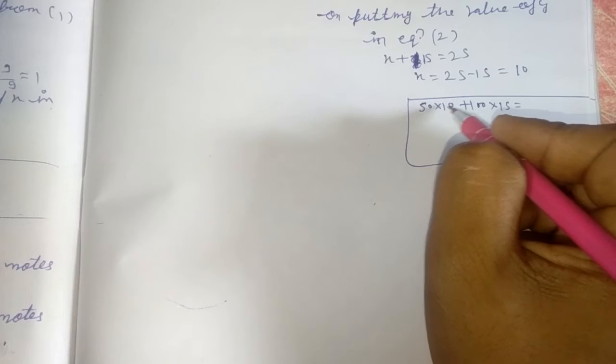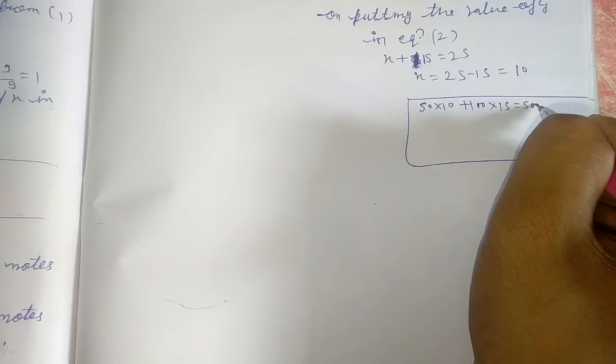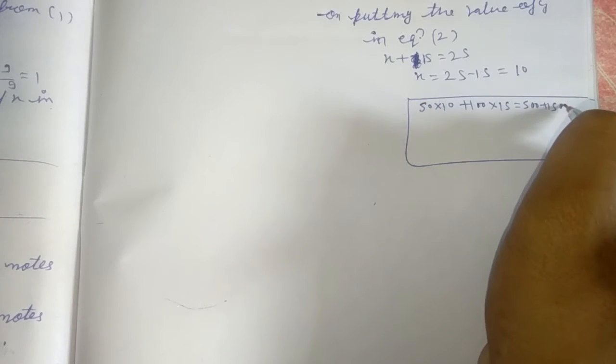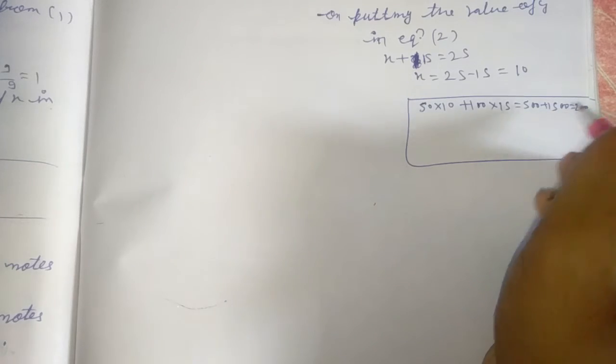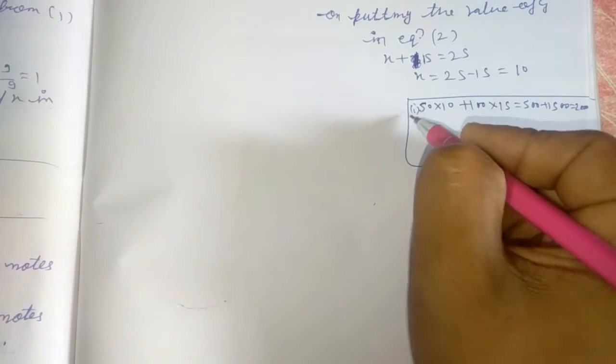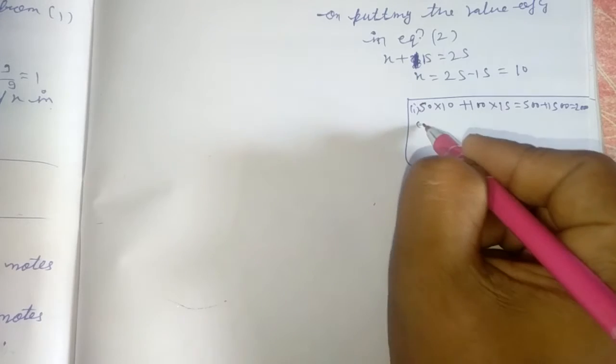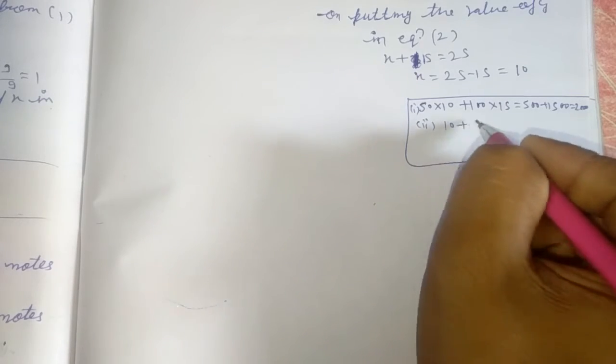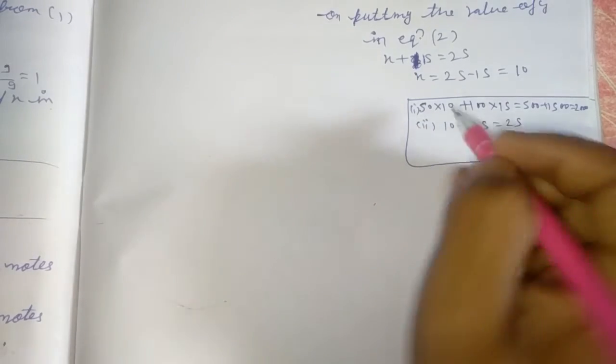Now solve. 500 plus 1500, you will get 2000 again. So equation first is satisfied. Now second, 10 plus 15 is equal to 25.